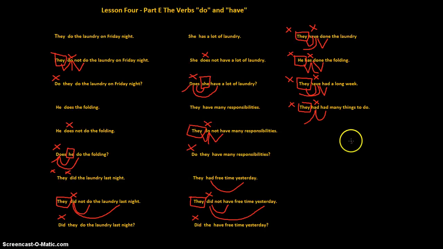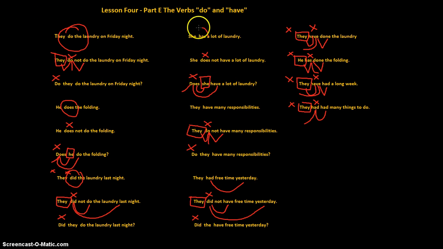And we can see that when you have, for example, do in a sentence by itself, it's a verb. When you have does in a sentence by itself, it's a verb. When you have did in a sentence by itself, it's a verb. To make yes or no questions or negatives, we always need an X word. So there's going to be an X word together with a verb.